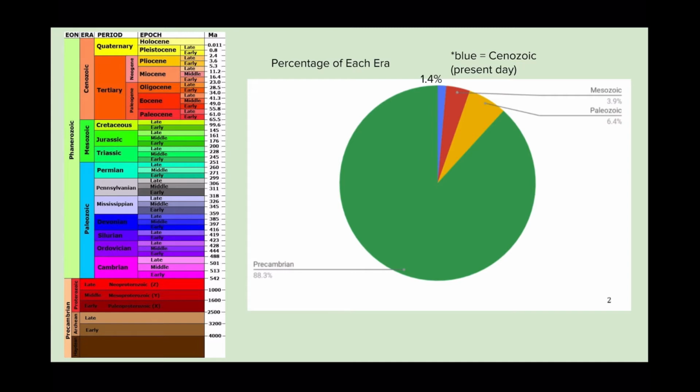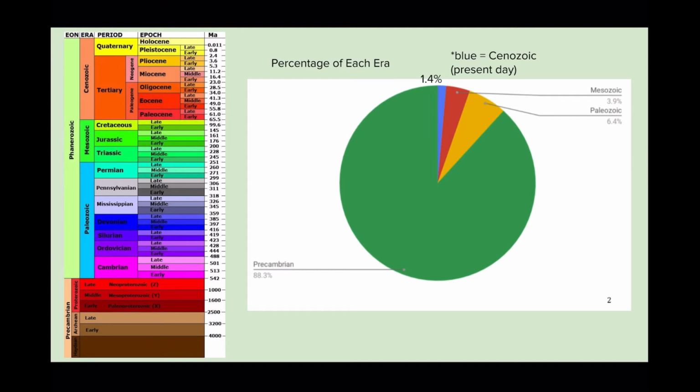Then, the Paleozoic era is subdivided into the Cambrian, Ordovician, Silurian, Devonian, Mississippian, Pennsylvanian, and Permian periods. The Mesozoic is subdivided into Triassic, Jurassic, and Cretaceous periods. Finally, the Cenozoic is divided into Tertiary and Quaternary periods.